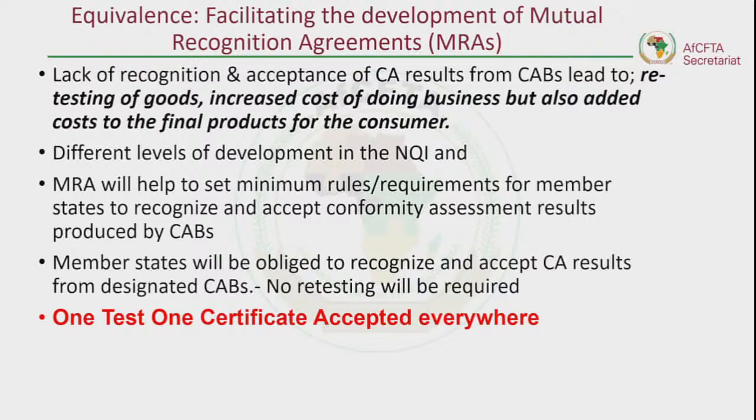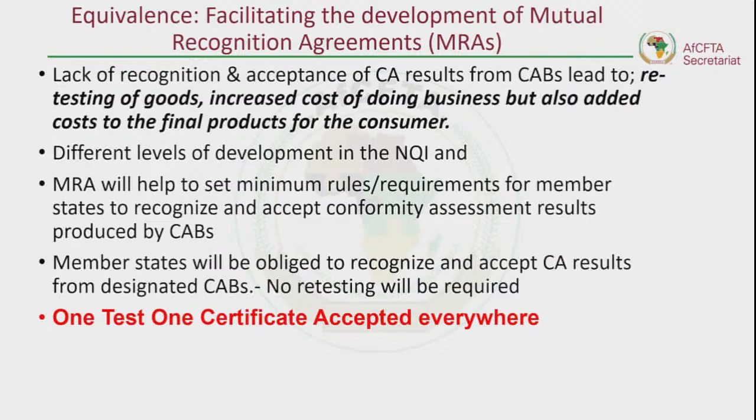Again, we also recognize that there are different levels of development in the national quality infrastructure. So while other countries may be advanced, others may not be. So we hope that MRAs will help to set minimum rules for all countries, to smoothen trade.